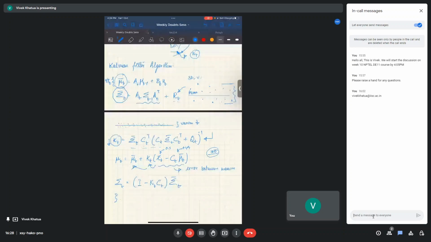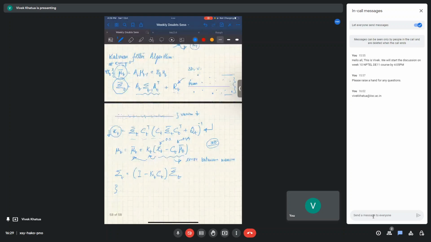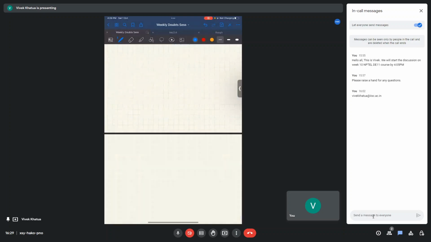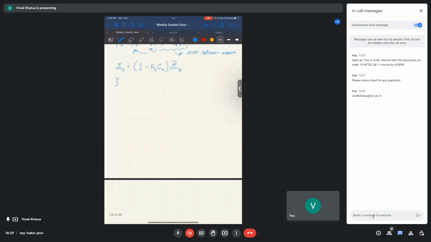So at every t, this loop is going to run for 100 times, so that we will get all our quantities calculated at that time for all those states.